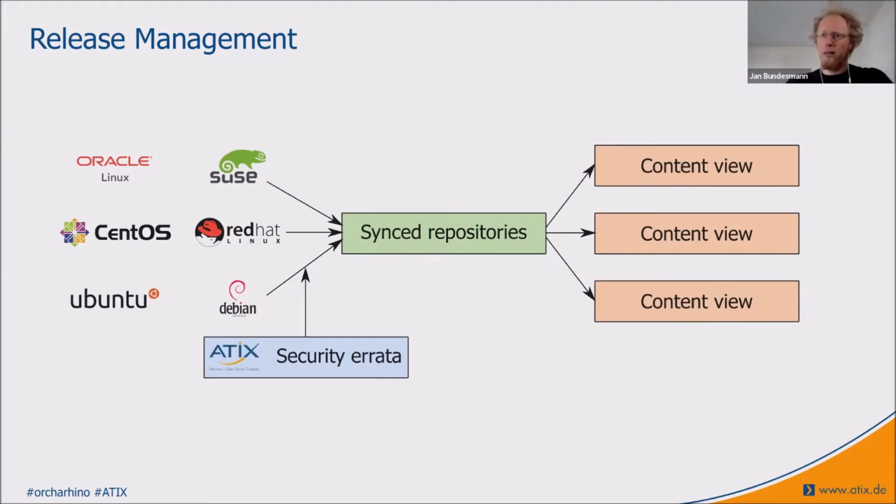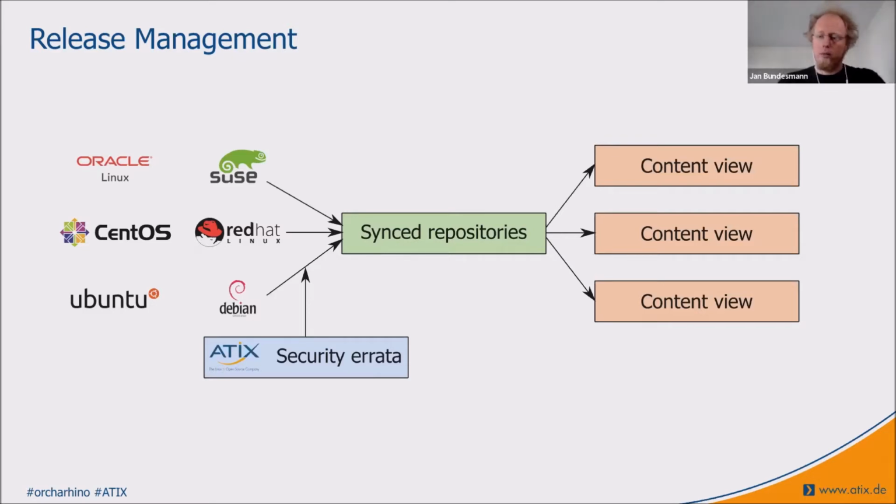The concept of errata originally comes from Red Hat. It is nowadays implemented in Oracle as well. For Ubuntu and Debian, there is nothing that the distributors themselves provide. So that's something we as ATIX provide. You can synchronize the errata information in addition to your repositories.